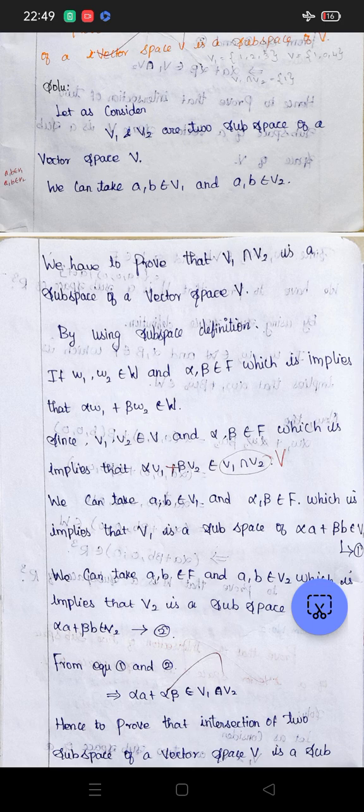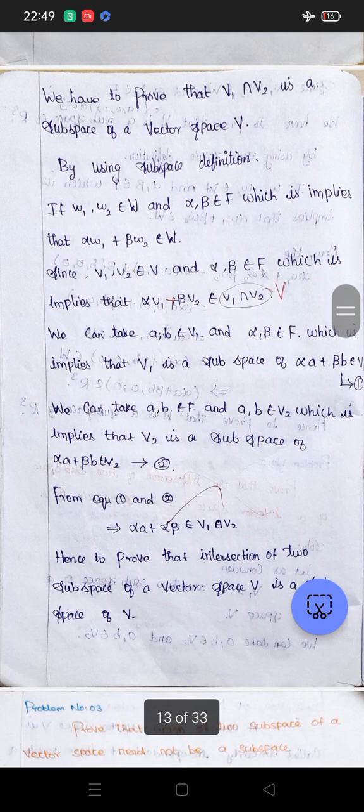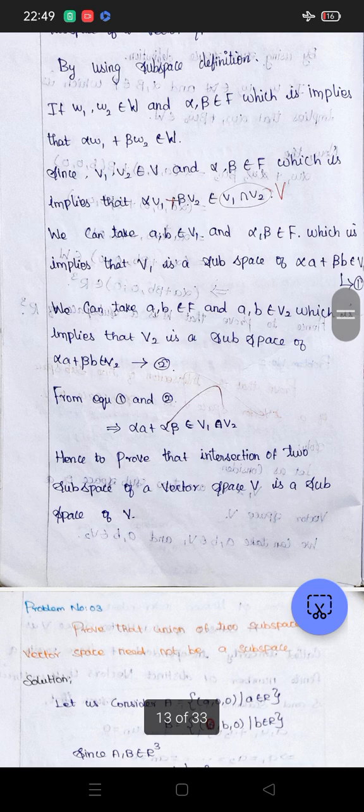We have to prove that V1 intersection V2 is a subspace of the vector space V. By using the subspace definition, W1 and W2 belong to W and alpha comma beta belong to F, which implies that alpha W1 plus beta W2 belongs to capital W. Since V1 comma V2 belong to V and alpha comma beta belong to F, which implies that alpha V1 plus beta V2 belongs to V1 intersection V2.